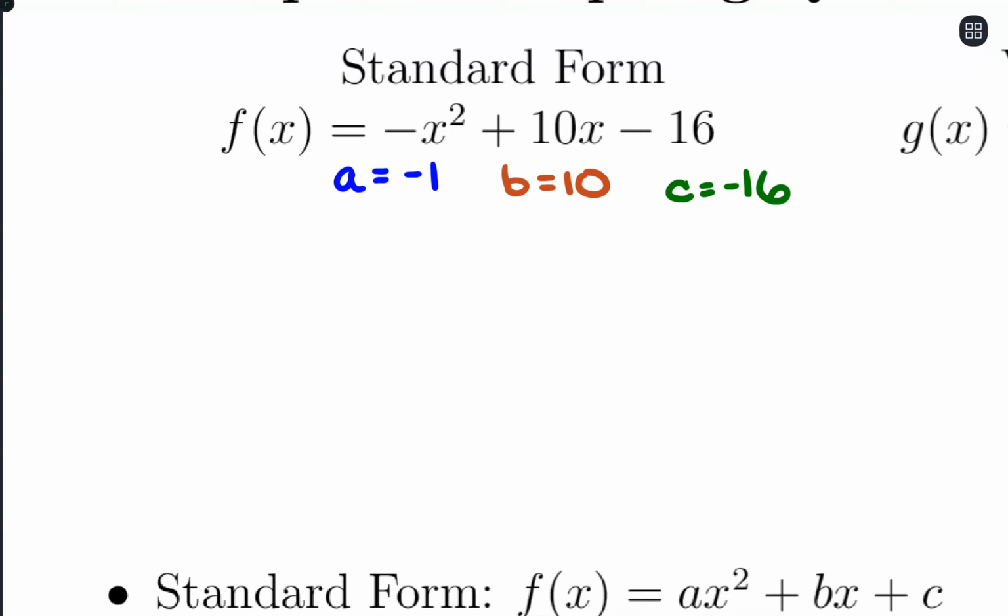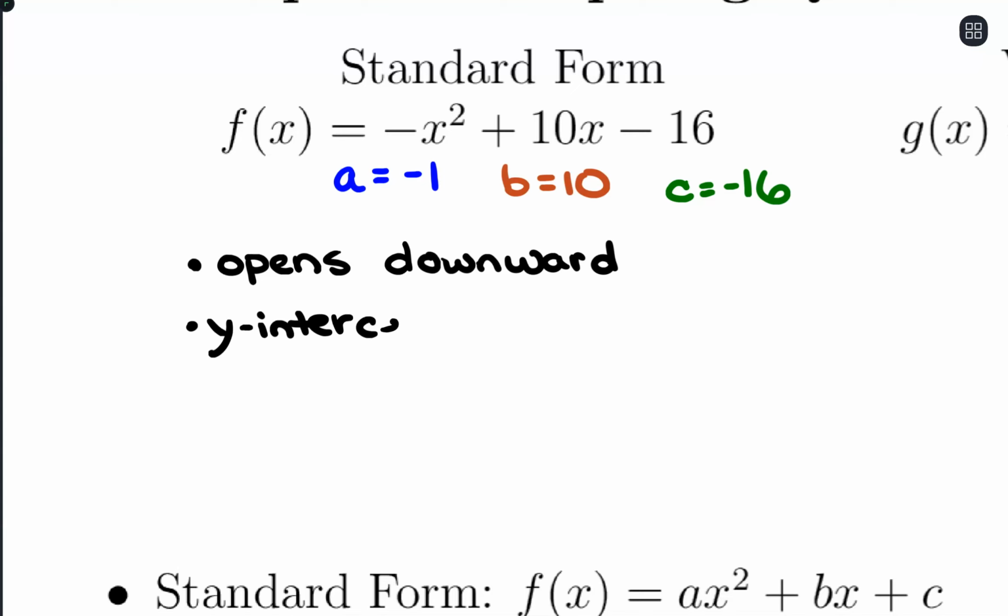Some information I can get out of this right away is whether it's opening upward or downward. In this case, it would open downward. I would have the y-intercept pretty nicely, because that would just be when x equals 0 and we're left with that value of c, so (0, -16).